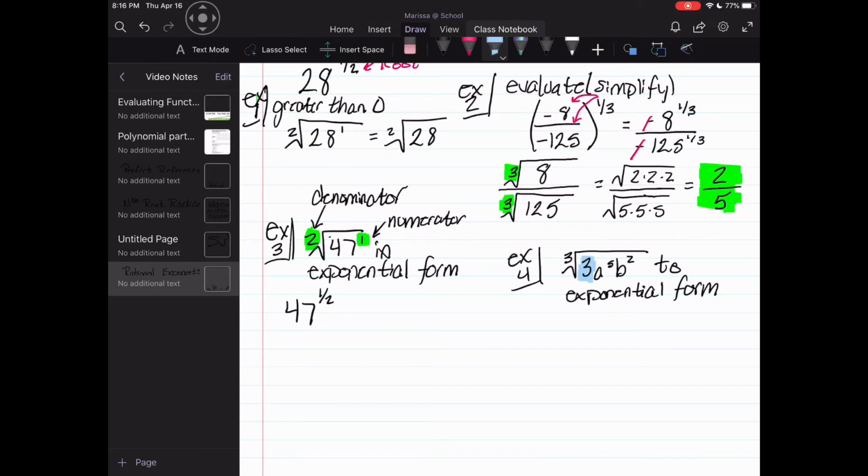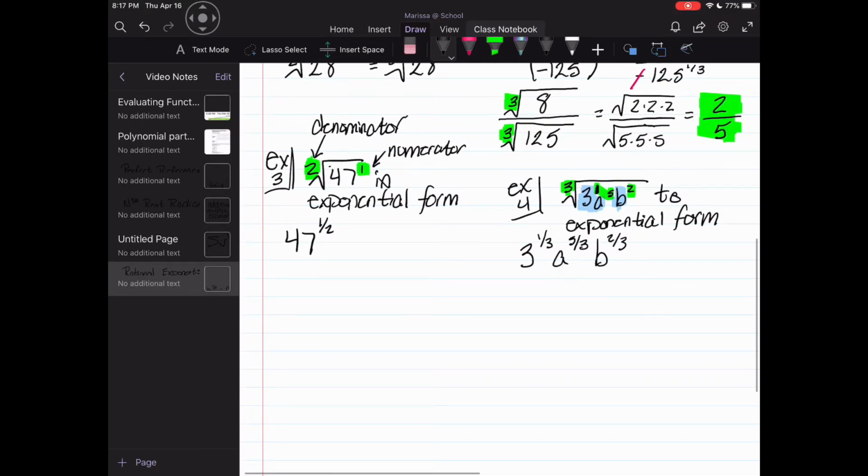I have a base of 3, I have a base of a, and I have a base of b, because my exponents on the inside are 2, 5, and an invisible 1 on this 3 here. Remember, the outside number is my denominator. So I'm going to have 3, 1 over 3. Then I'll have a, 5 over 3. And then b, 2 over 3. And that's all it is. That's all you have to do when you're going back and forth.